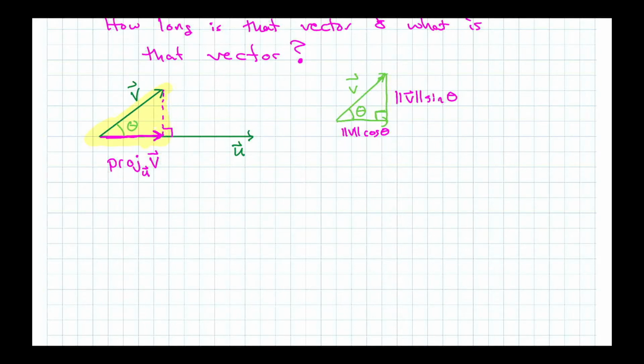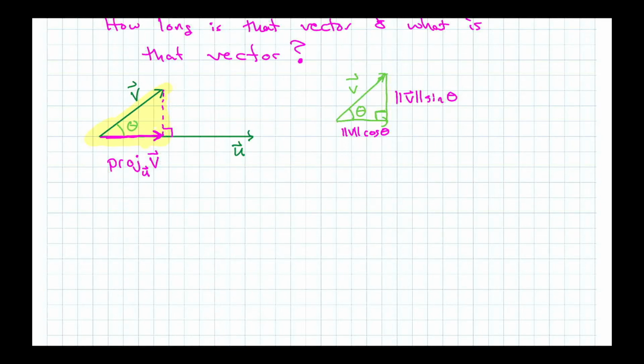Okay. And that really gives you what you want, at least something that you want, because if you want to know how long this vector is supposed to be, well, now it's this, right? Magnitude V cosine theta, that's the length of it.